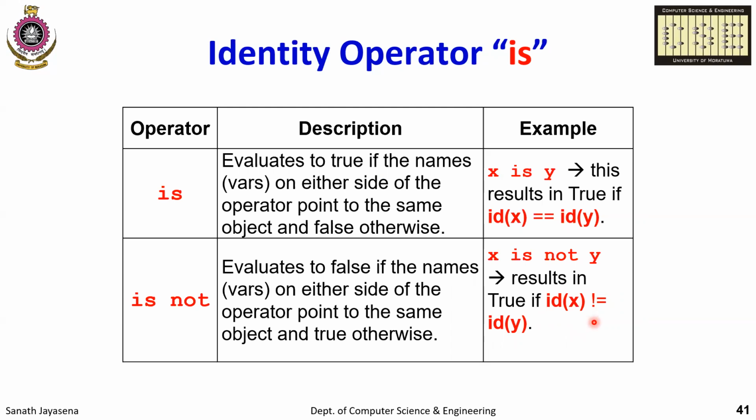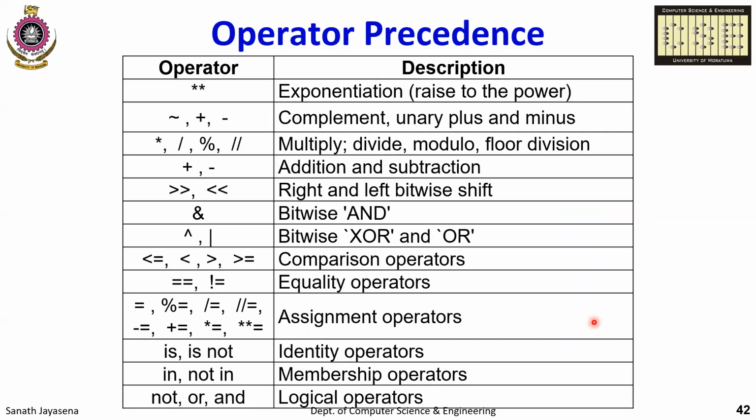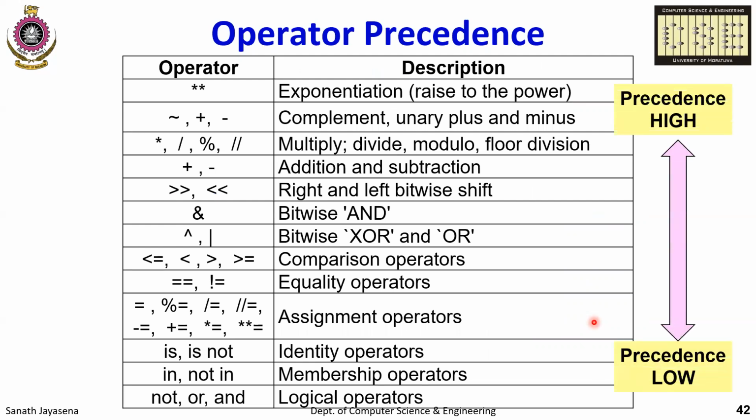Okay, and then we have the operator precedence. This is available as a table in your notes also. Overall, at the top you get high precedence, and at the bottom you get low precedence. So going down gradually lowers the precedence or priority, and going up increases it, right?